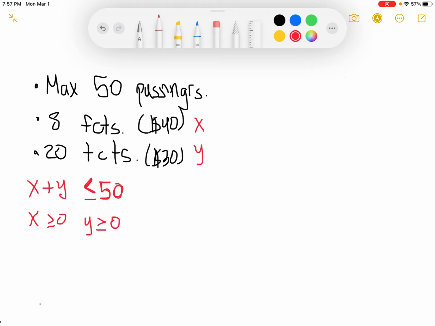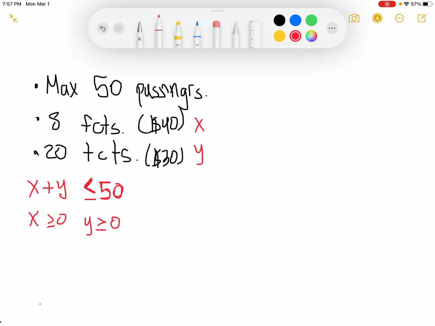Okay, now what else? We're also given it's at least 8 first class tickets and at least 20 tourist class tickets. So at least means that it can't be less than that, but it can be that. If it said more than, then that would be where it doesn't have a line under it.